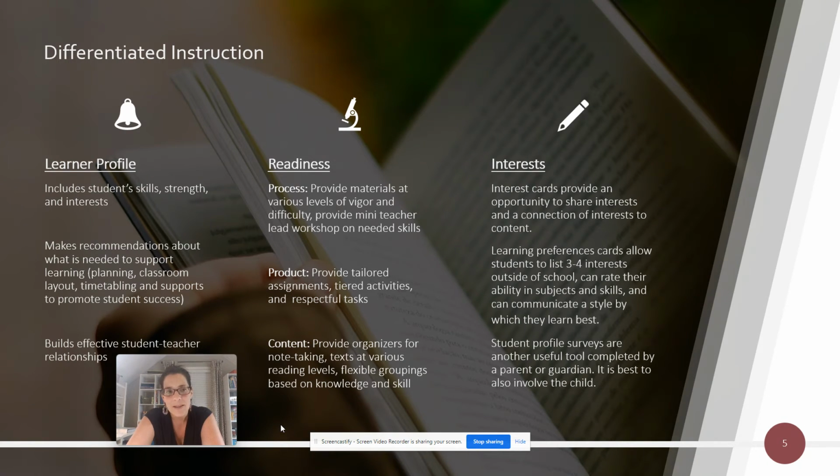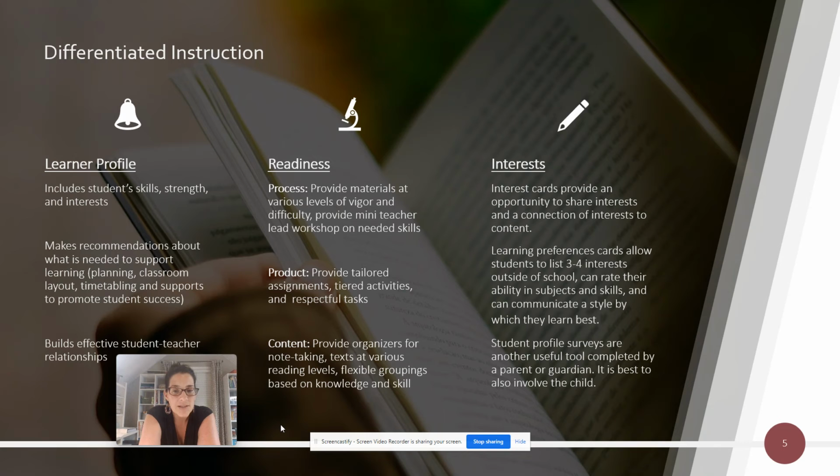And then, of course, differentiating based on interests, providing those interest cards. Some of those programs, as I was just mentioning, have that built into their system. But of course, when you're in the actual classroom conducting instruction or getting to know your students, cards are a great way to have students share their interests and maybe find a connection to the content through their interests.